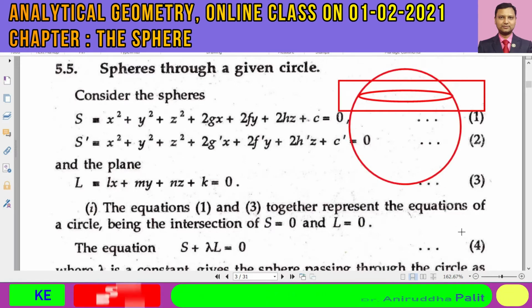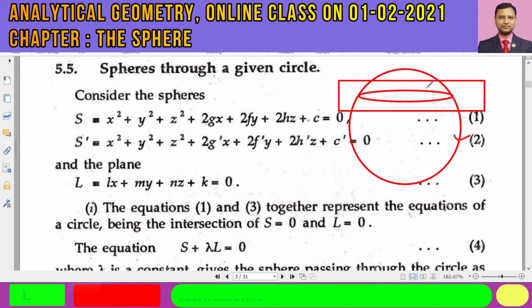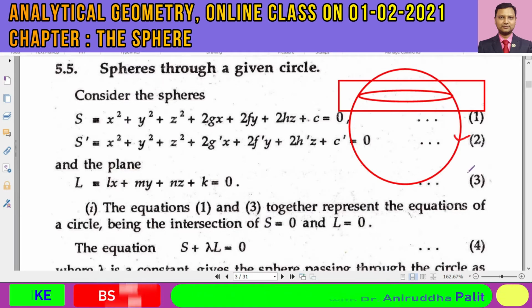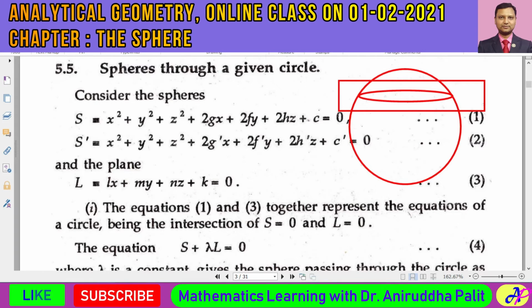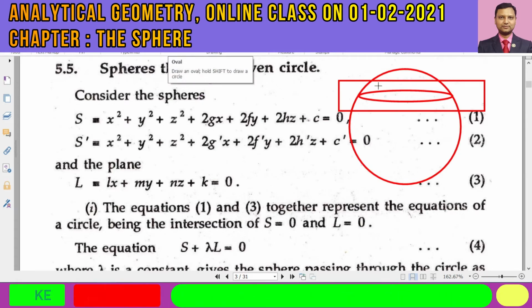So we are actually interested to find the equation of this kind of sphere which will pass through a given circle. So how is it possible? A circle might be possible to generate by the equation of a sphere.